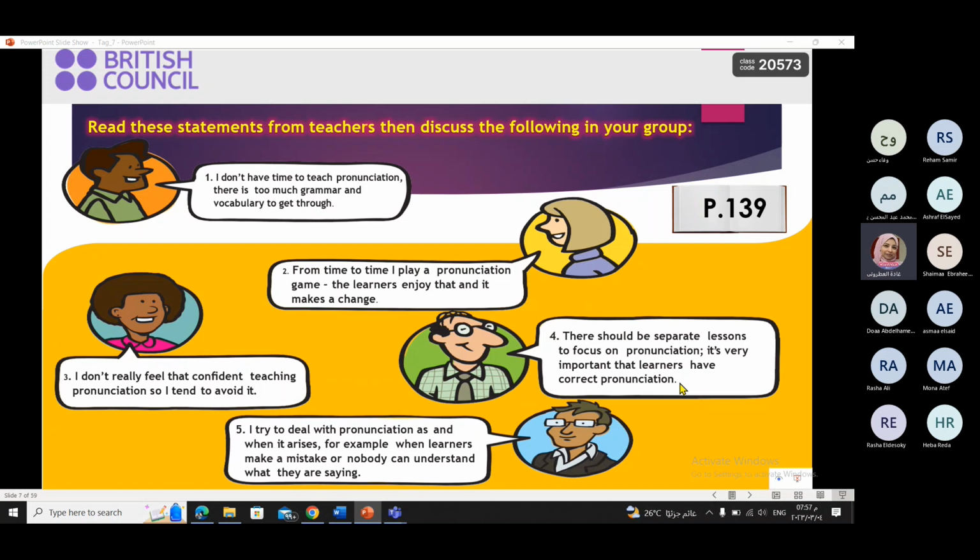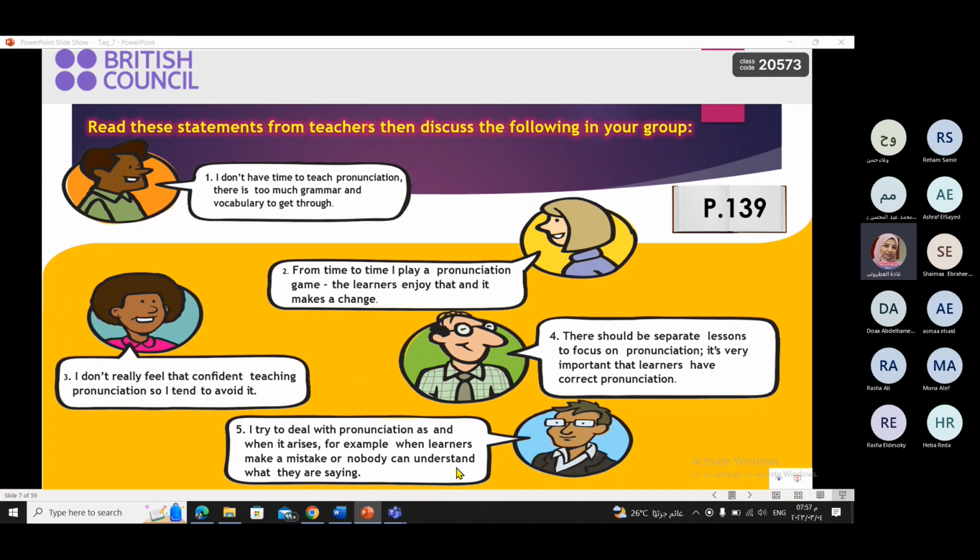You may think in a different way concerning pronunciation lessons, and whether you teach them separately or in an engaging way. Okay, number 5 says, I try to deal with pronunciation as and when it arises. For example, when learners make a mistake or nobody can understand what they are saying.